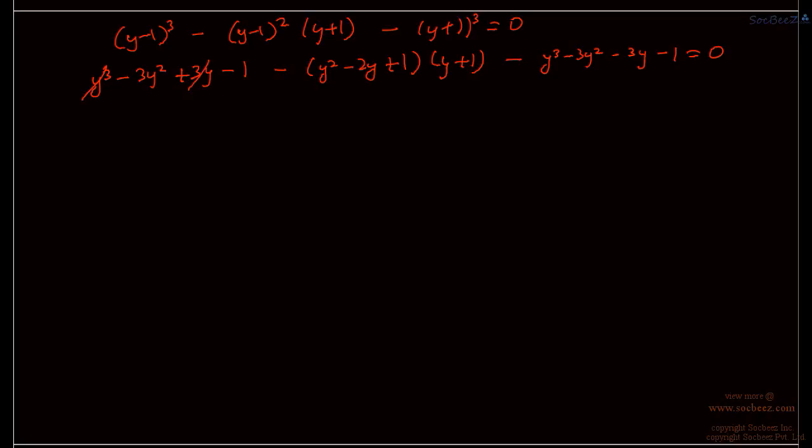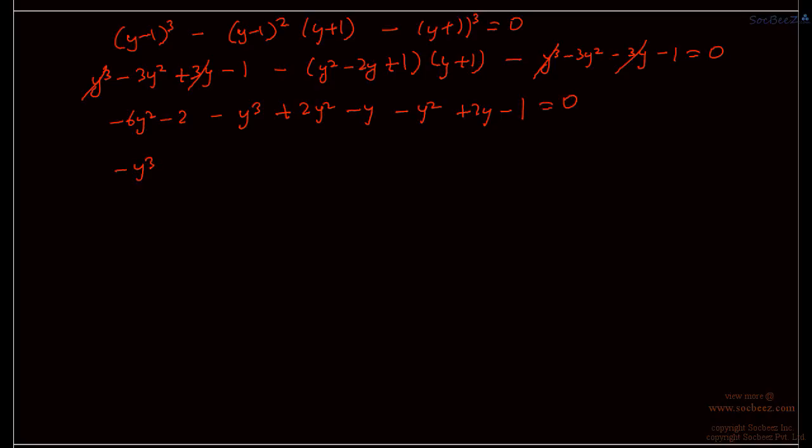Right, so y cube and 3y, these two cancel out here, and the other terms add up. So we have minus 6y squared minus 2, and here let's expand this now. So y gives us y cube plus 2y squared minus y squared plus 2y minus 1 equal to 0.